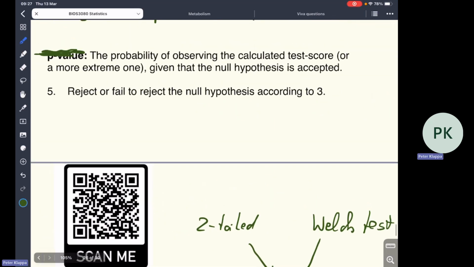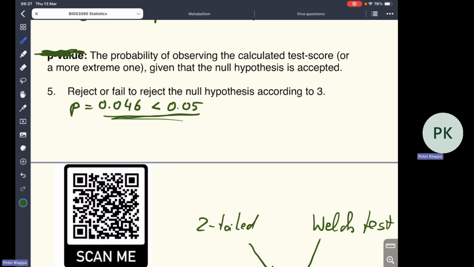So we calculated the p-value. P equals 0.046. And now we go back to 0.05 and say 0.046 is smaller than our alpha, 0.05.